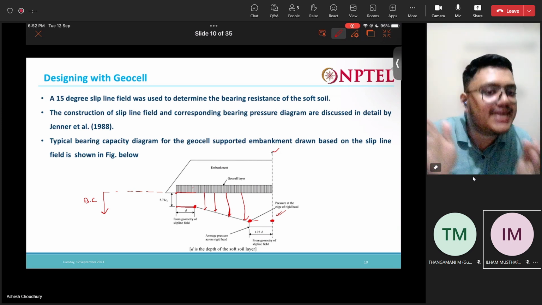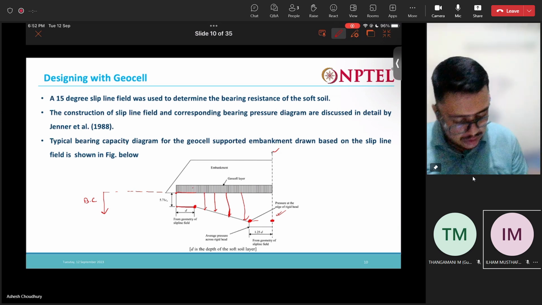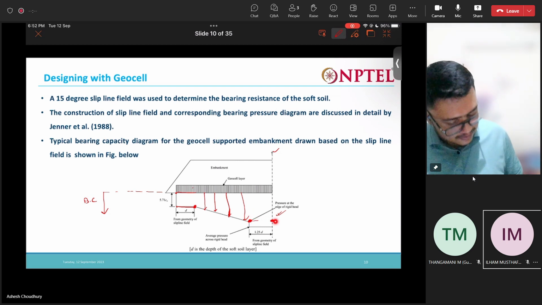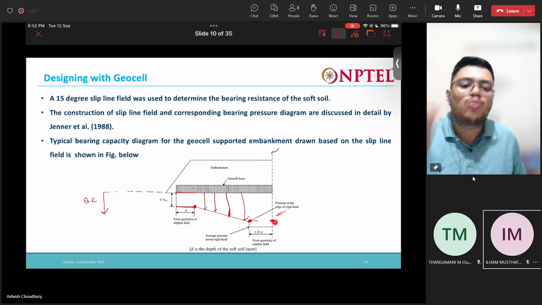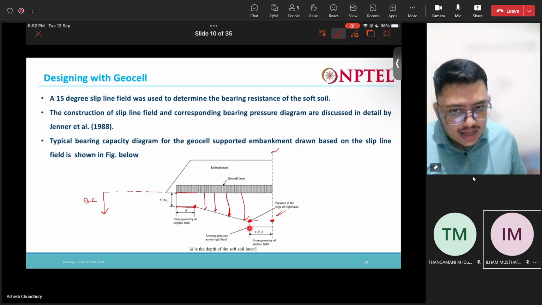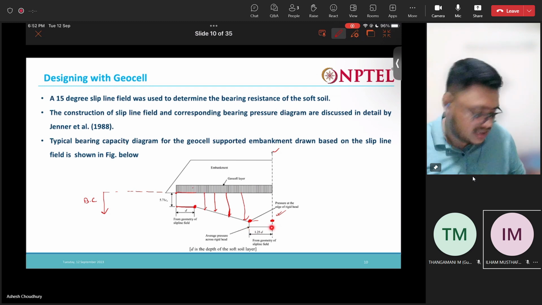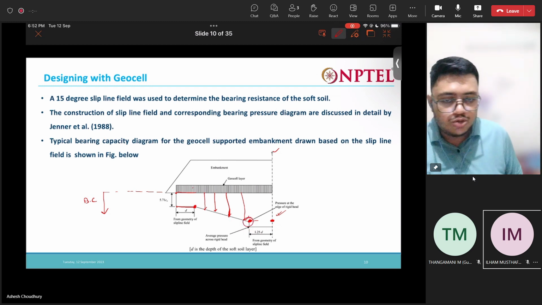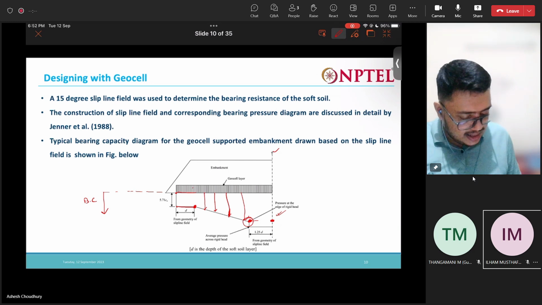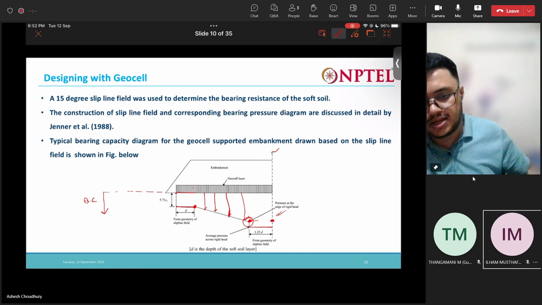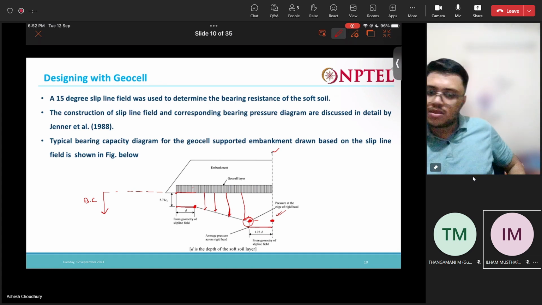What is the rigid head? We will see that in the next slide. An expression was given to calculate the average pressure across this rigid head. So if you know the pressure at this point using the slip line method, you can get this average pressure using the expression given by Jenner.